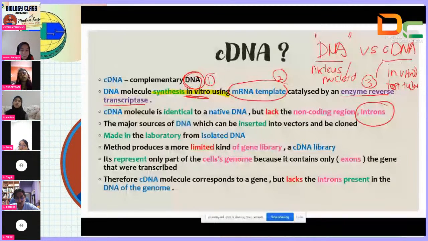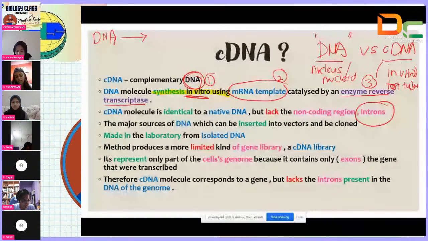Before and after completing the transcription, class, the central dogma. Ratika, please state again the concept of central dogma from chapter 6. Ratika, are you there?